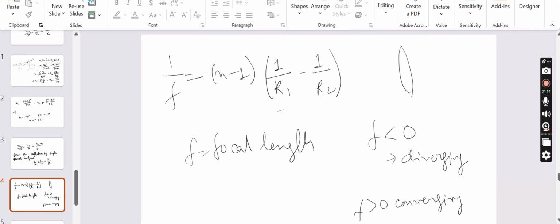So that also depends on 1/R1 - 1/R2, and also on this n - 1.